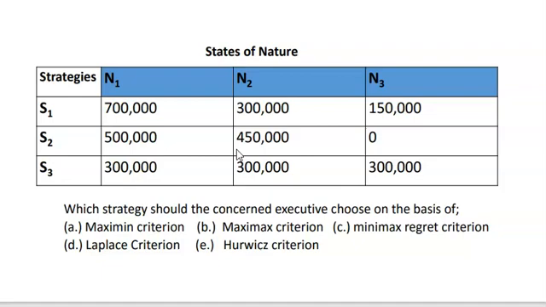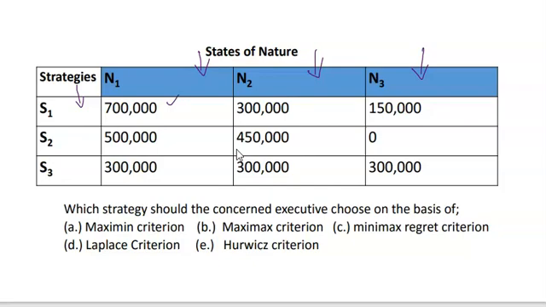Look at your strategies, X1, X2, X3, and look at the states of nature in three columns. If you adopt strategy X1 and combine it with state of nature N1, this is the yearly profit.